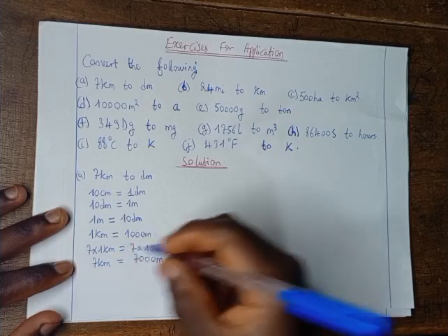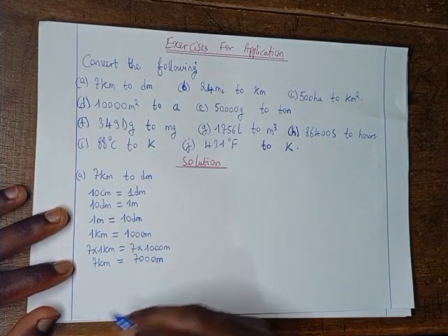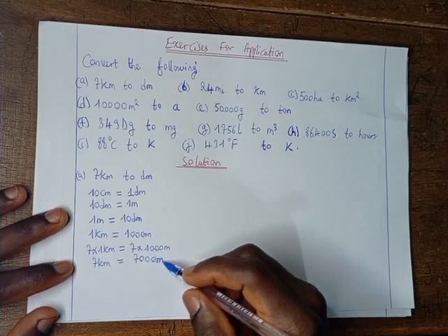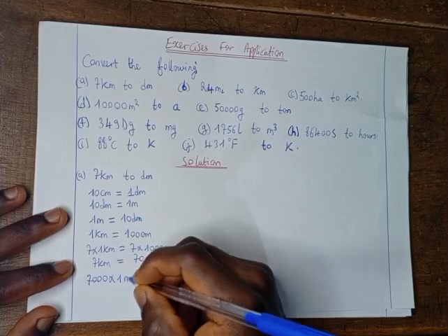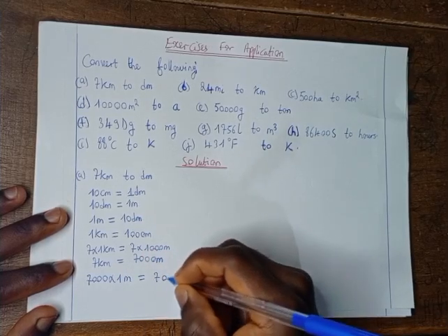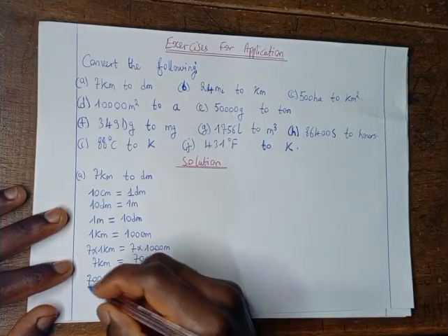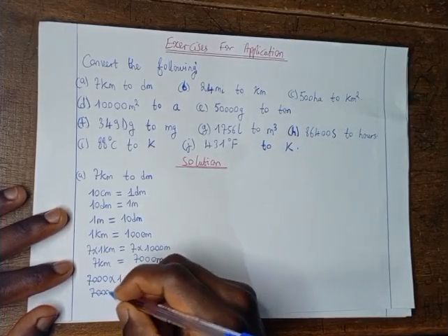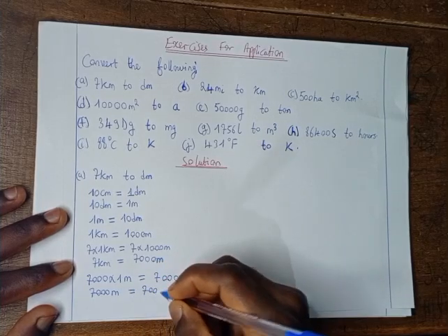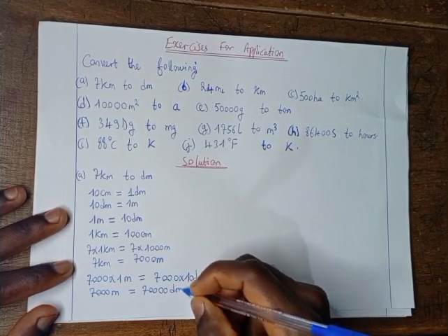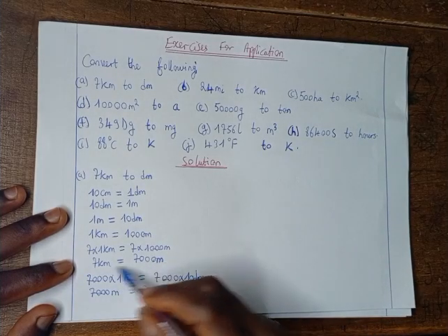So if we take 1 meter is equal to 10 decimeters and multiply both sides by 7,000, we take 7,000 times 1 meter, it will simply be equal to 7,000 times 10 decimeters. So this will give us 7,000 meters is equal to 70,000 decimeters. And we know 7,000 meters is the same as 7 kilometers.